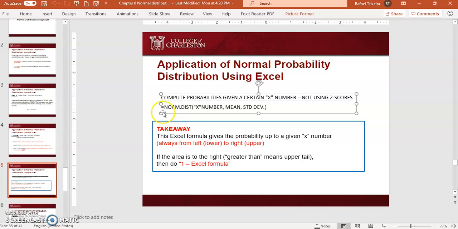To find this probability, I type equal NORM.DIST. In Excel, you use the X number you're looking for, in this case 40,000, the mean 36,500, and the standard deviation 5,000 miles. Okay, let's do that in Excel.